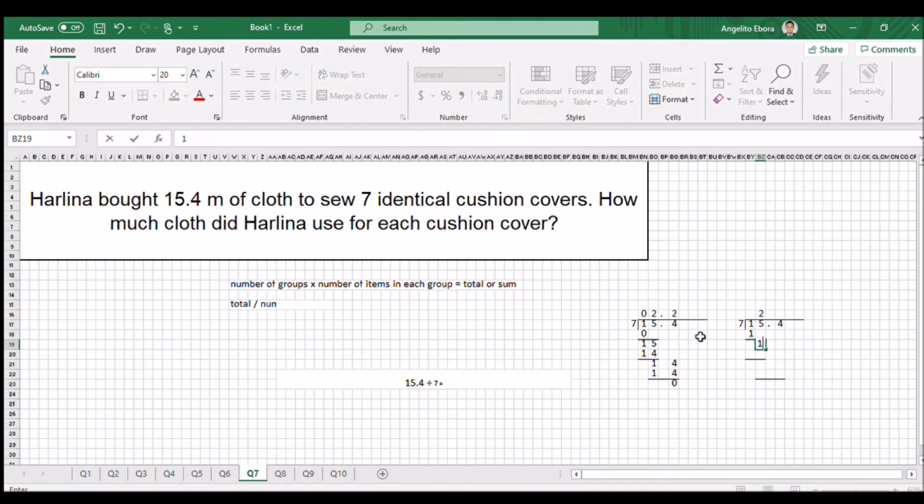Then 15 minus 14 is 1. And then the decimal point, then 4. So 14 divided by 7 is 2. 2 times 7 is 14. And this one is 0.